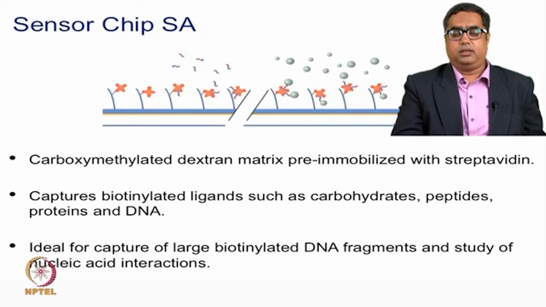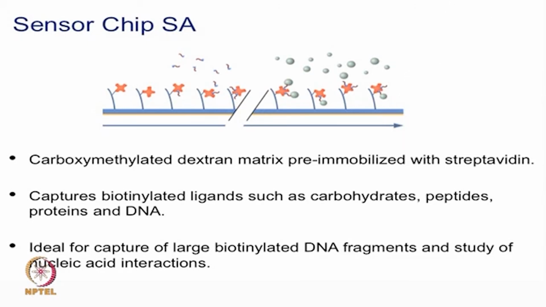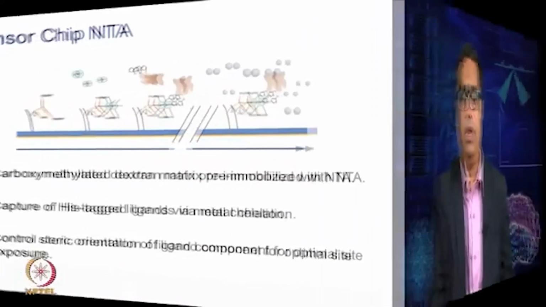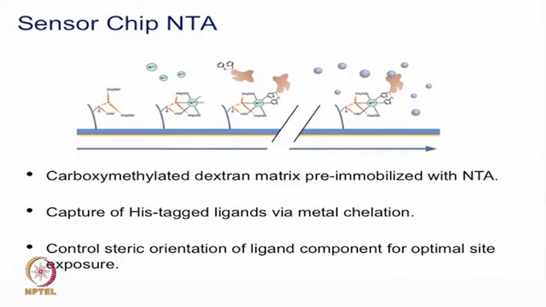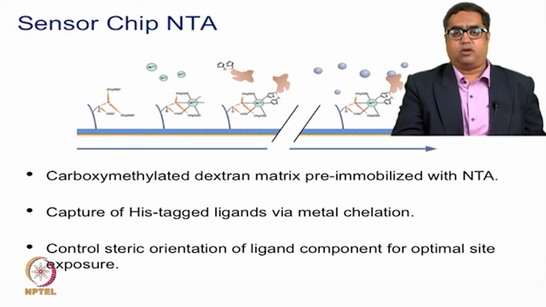So, ideally literature is available for biotinylated DNA fragments, nucleic acid interactions, and other things like peptides that have been immobilized on this surface. Another variety of chip or a different chip surface is NTA, and this is a complex molecule that is pre-immobilized on the surface of the chip, and this molecule has an affinity for hexahistidine tags that are present either at the C terminal or N terminal of a protein.